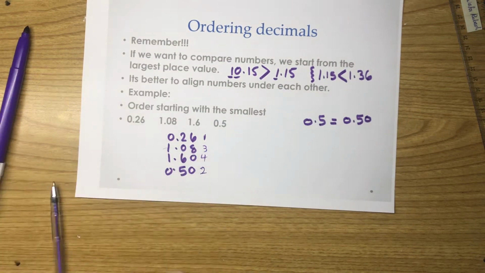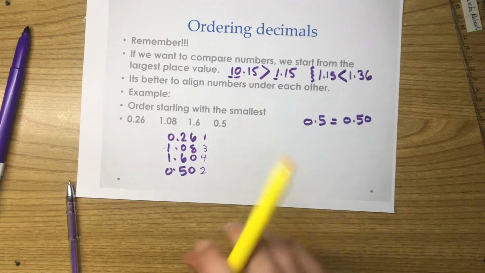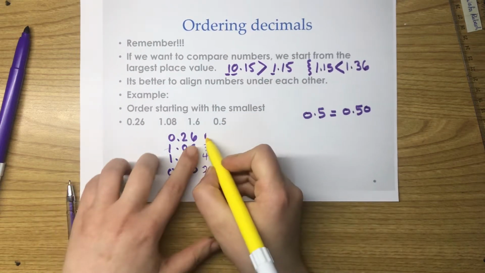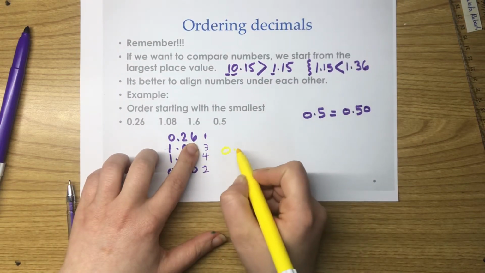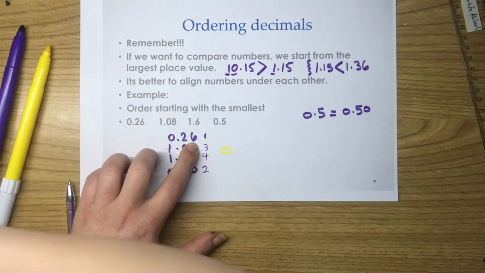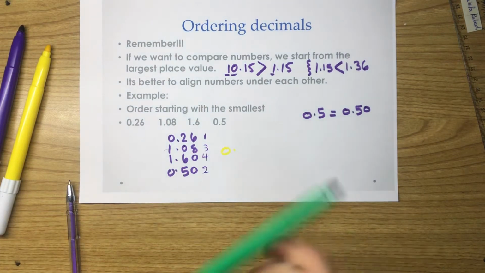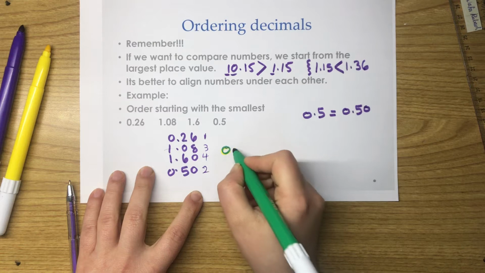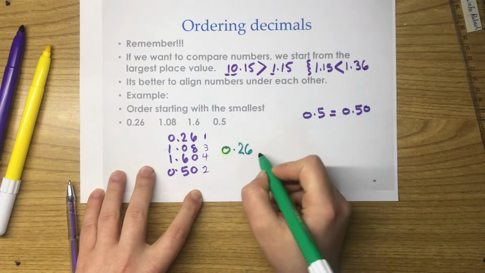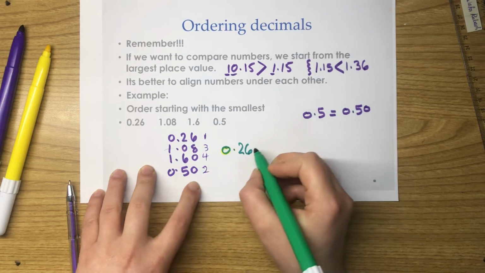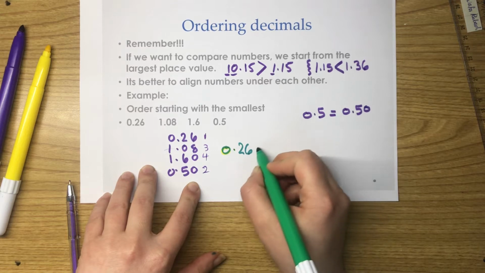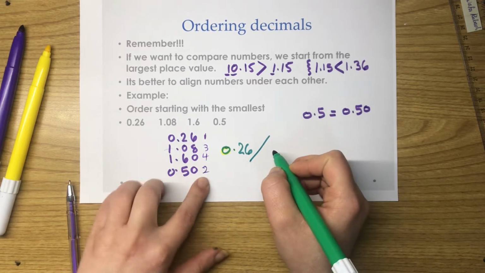So the smallest one is 0.26. What comes next? 0.5. This is the second one.